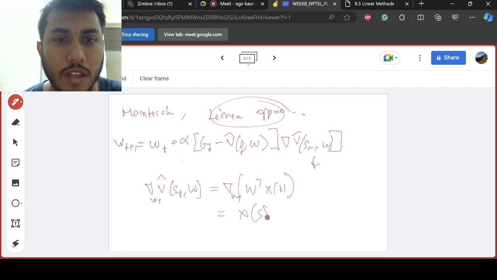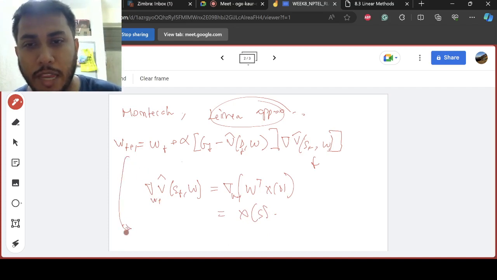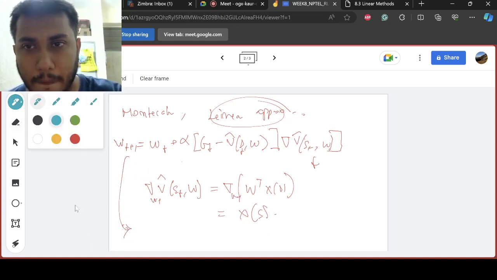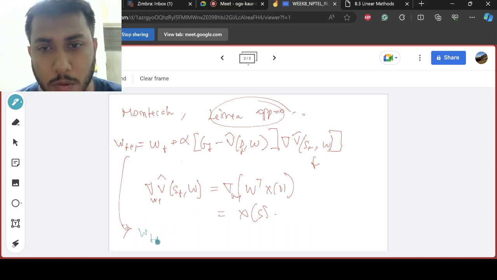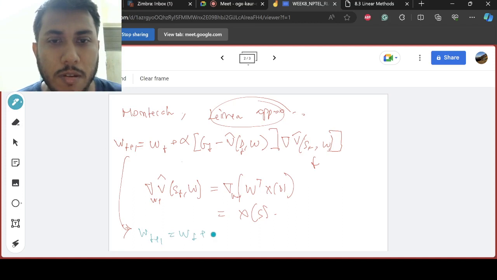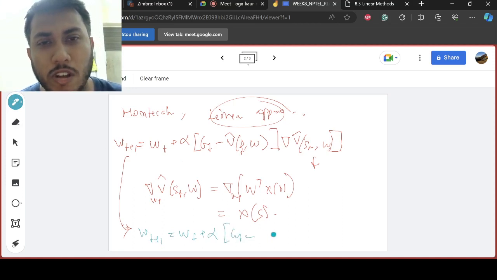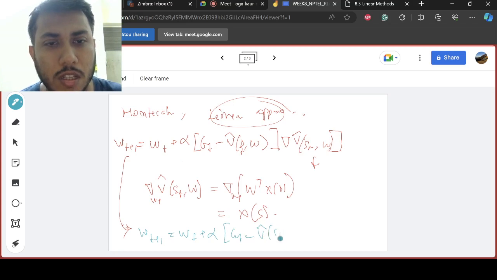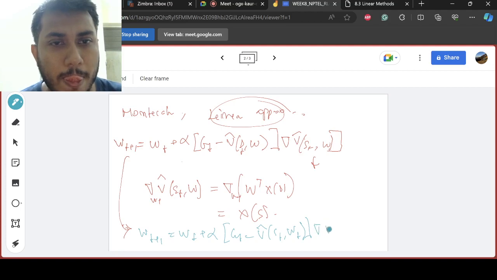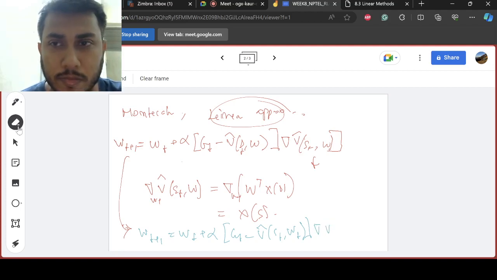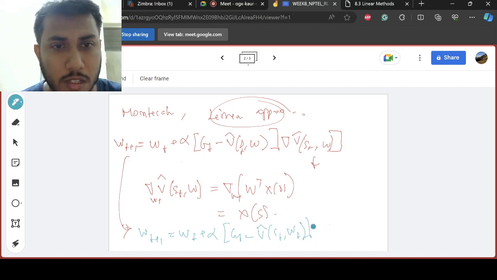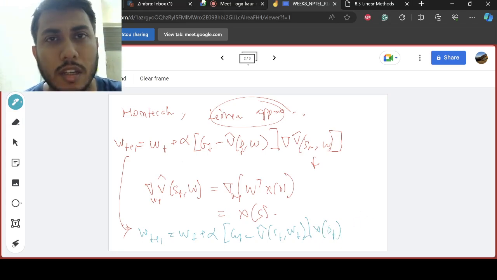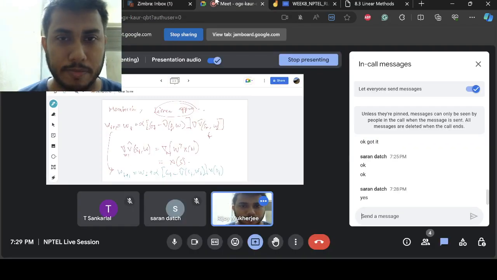So it will be typically X(S), right? So you can replace this equation like this: W_{t+1} = W_t + alpha (G_t - V hat(S_t, W_t)) x(S_t). Right. So this is your update rule for Monte Carlo linear approximation.